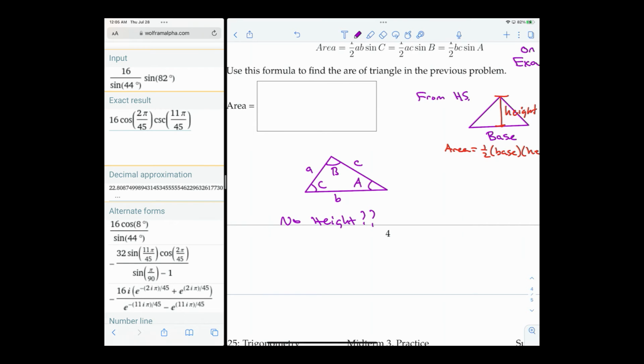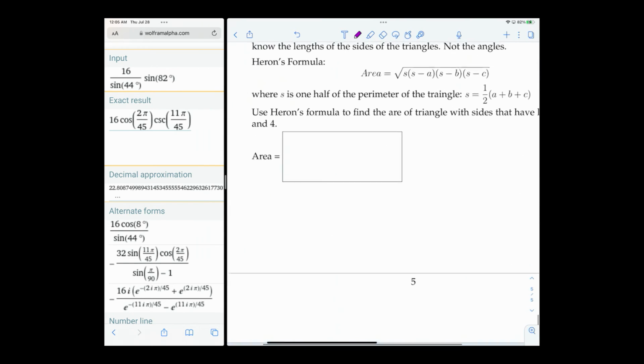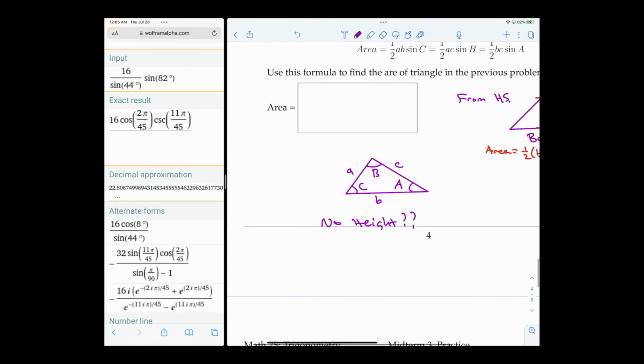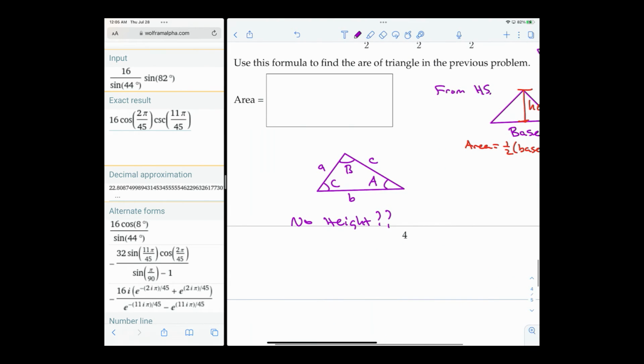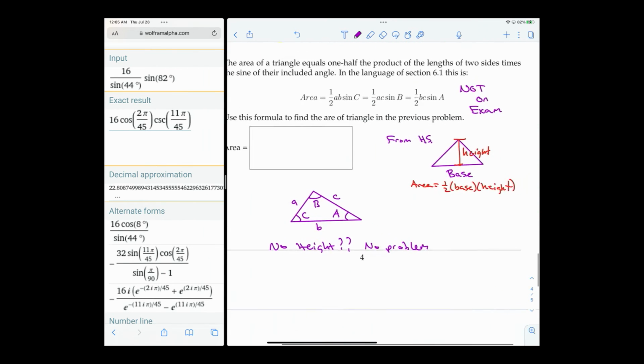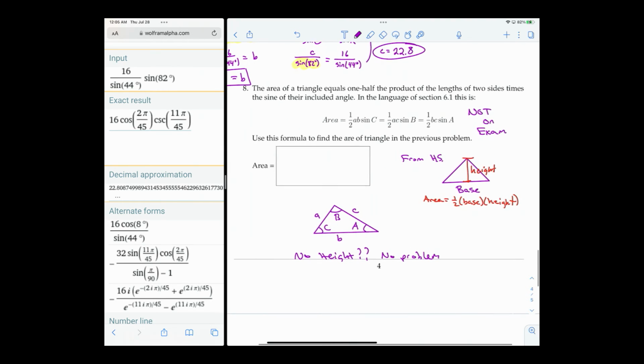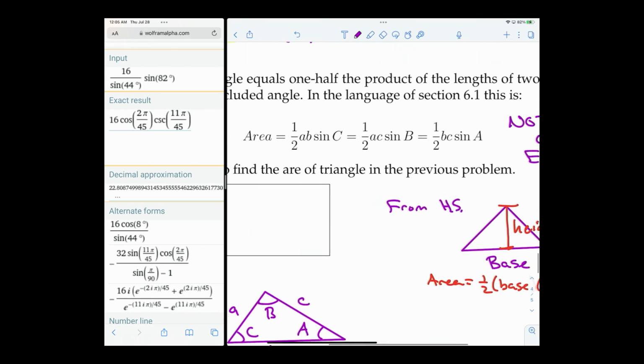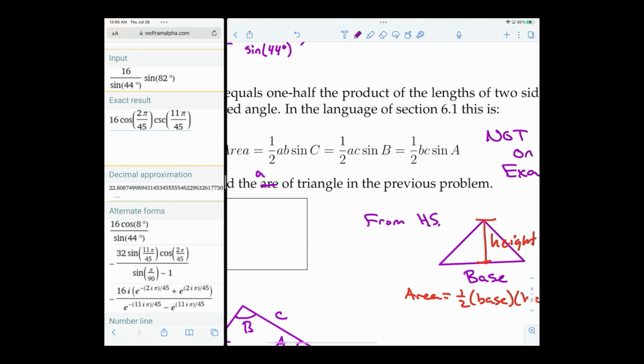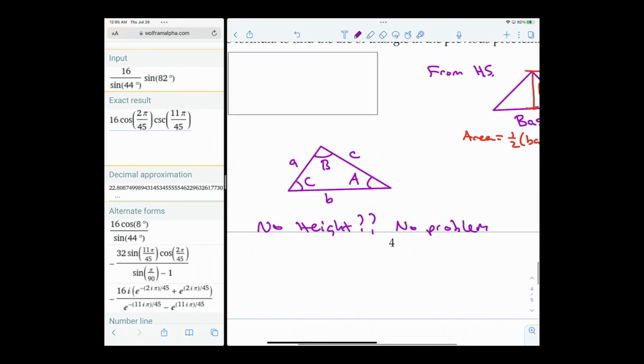Well, there's two different ways to do it. One of them we do in problem 10, and one of them we're going to do here. So no height, no problem. We can use this formula. So, oops, that should be area.